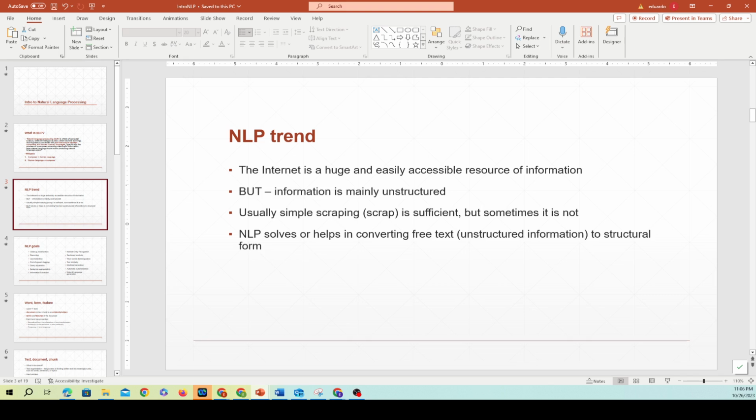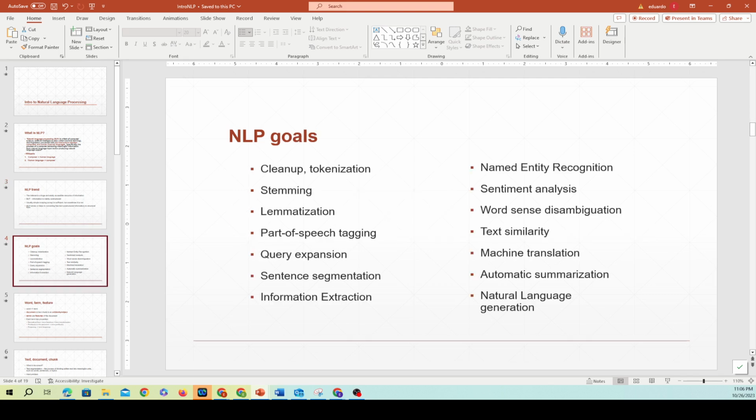Usually doing a process of scraping is sufficient, but sometimes it's not. So natural language processing helps in converting free text, which is the unstructured information, into a structured form. We're going to talk about how we can categorize this and separate it into a structure.